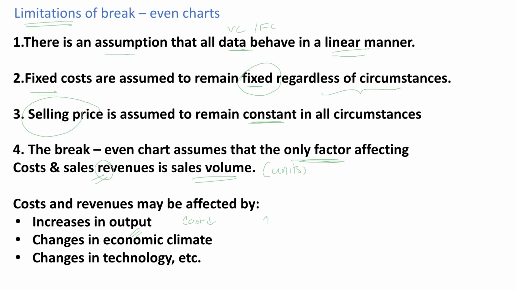So cost and revenue can be affected by many factors other than sales volume, but the break-even chart assumes they are affected only by sales volume. Minimum 4 points you need to know, and you should be able to write them: the limitations of your break-even chart.